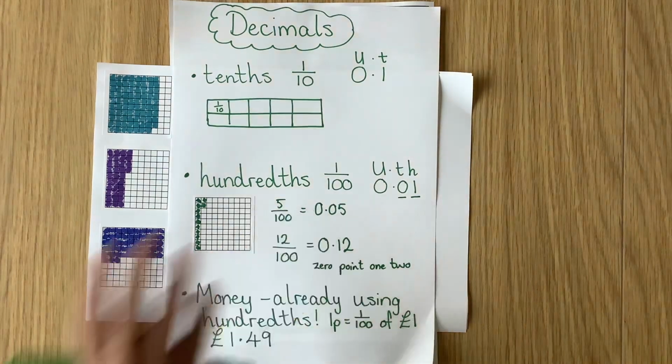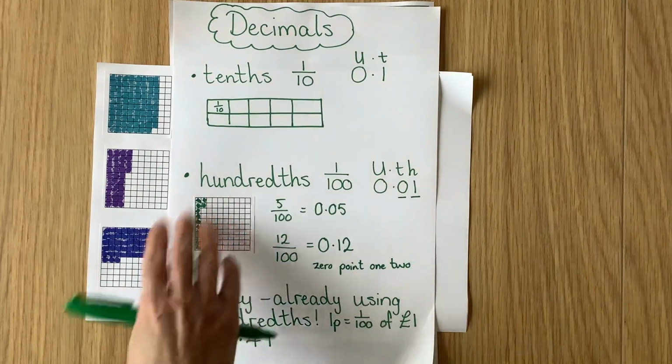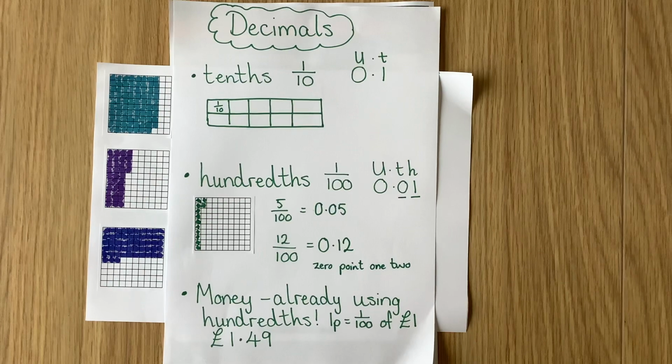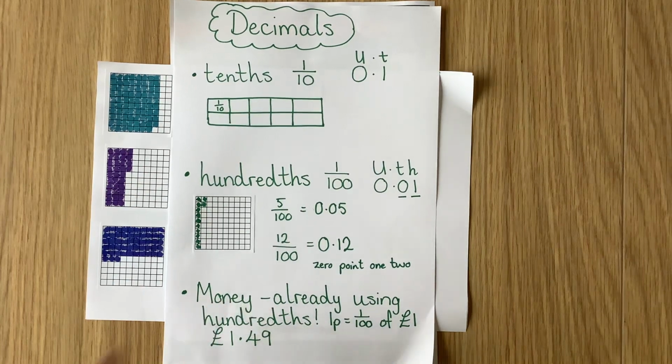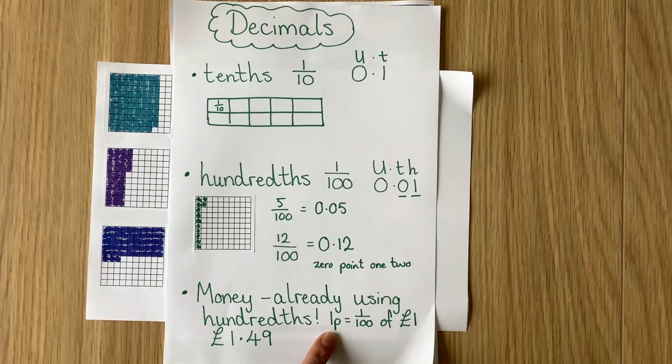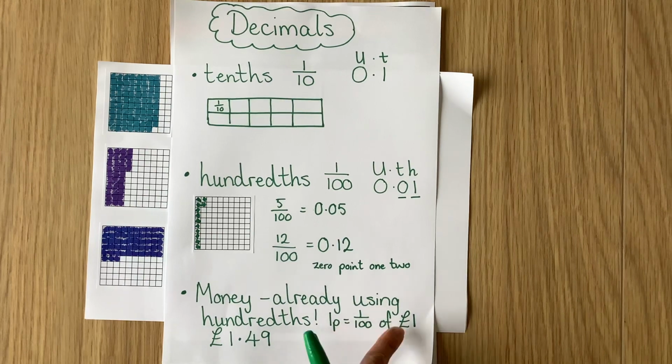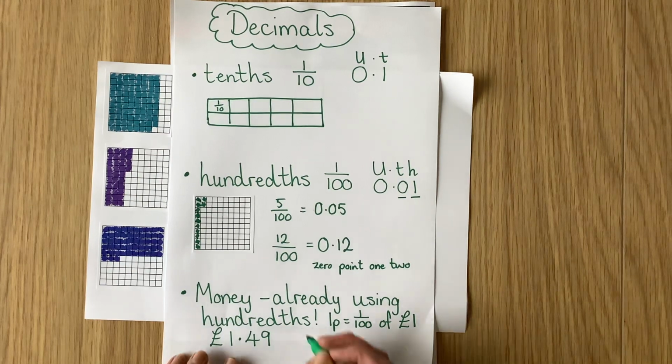Now today, this is what we're going to be thinking about. We're going to be colouring in decimals, working out what different pictures are showing us. But actually you already know quite a bit about hundredths, because whenever we're doing work on money, P6, it's already to do with hundredths. Because if I have a 1p, that's the same as 1/100th of £1. If I was to write down £1.49, well, what does £1.49 mean?